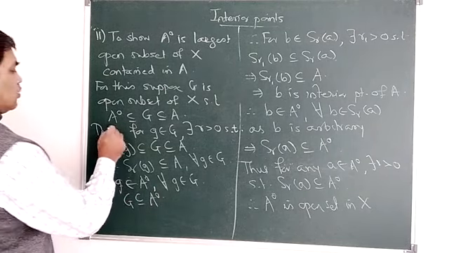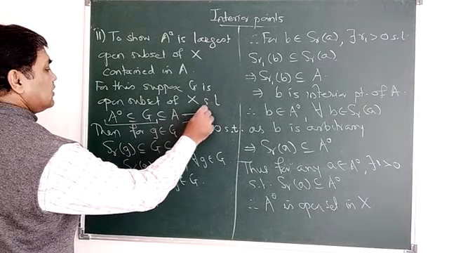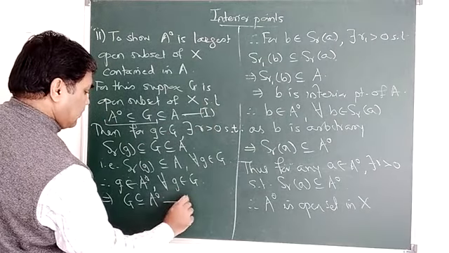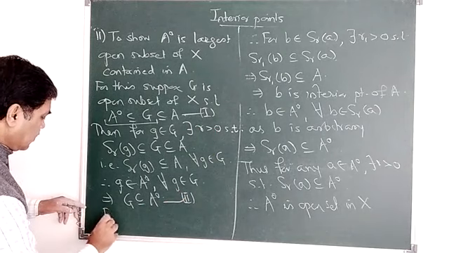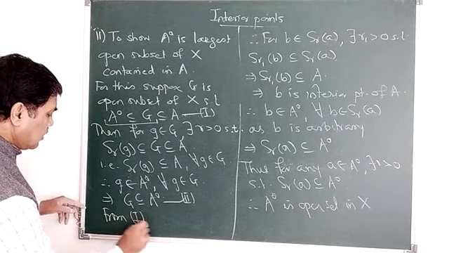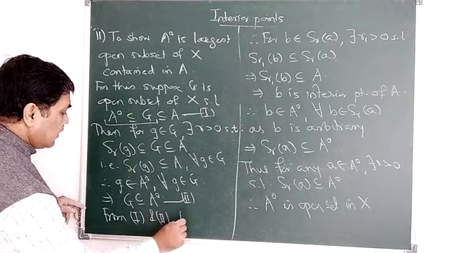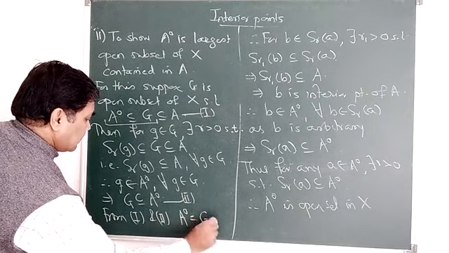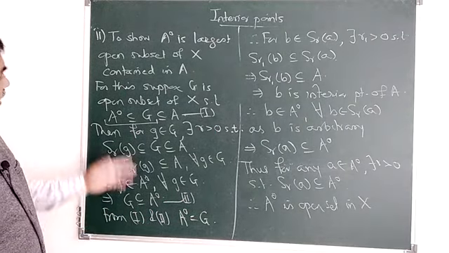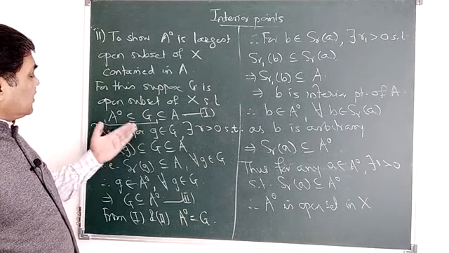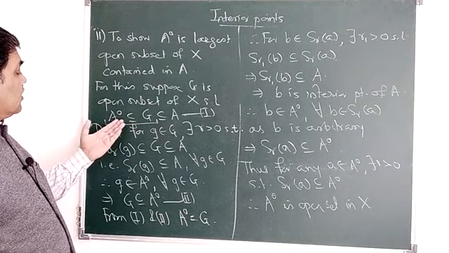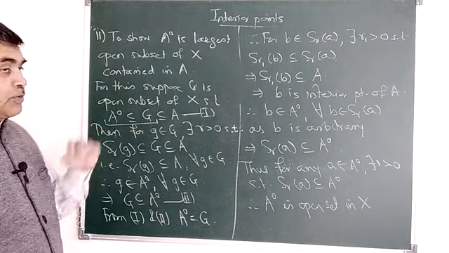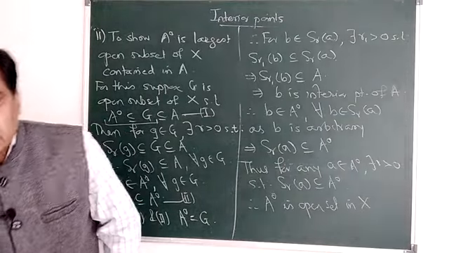So say this is 1, this is 2. From 1 and 2, A interior must be equal to G. So whenever I assume that there is some open subset which is a superset of A interior and a subset of A, then those two sets must coincide.